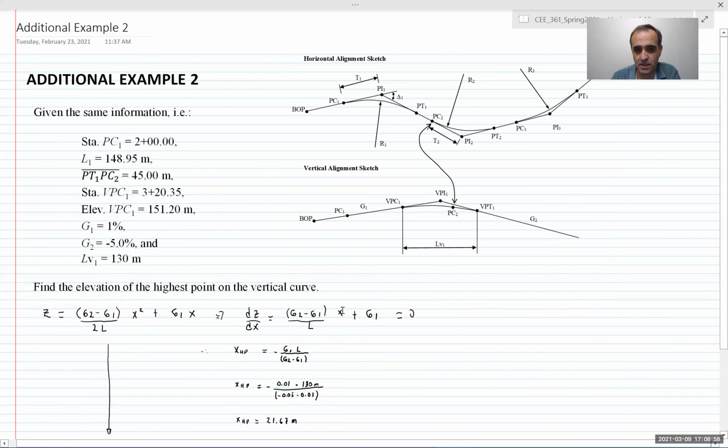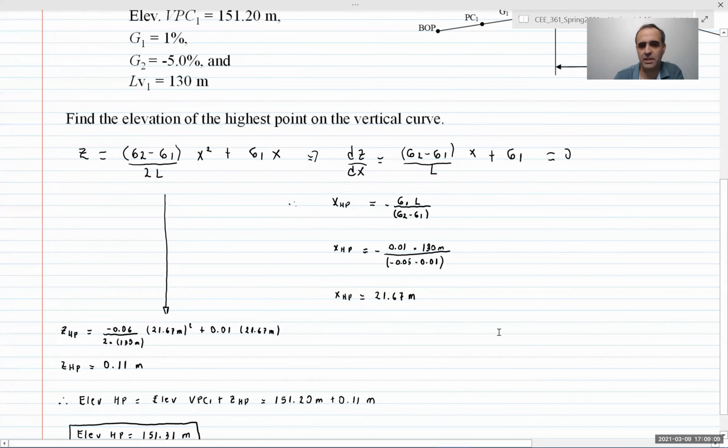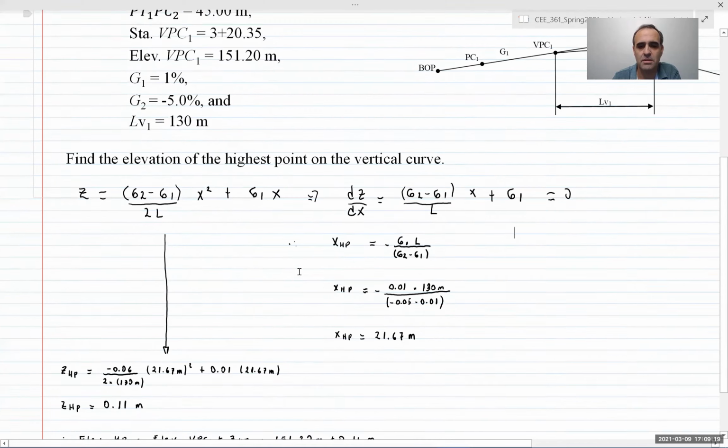So you can see I will solve from this expression for X, which is minus G1 L over G2 minus G1. I plug in the values of the grades and the length of the curve, which is given here.